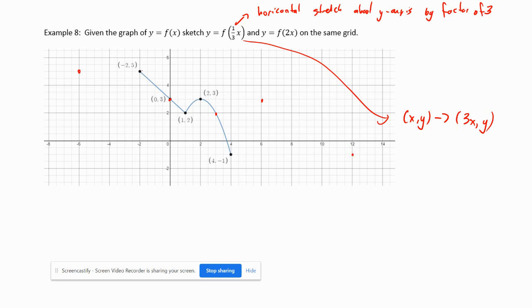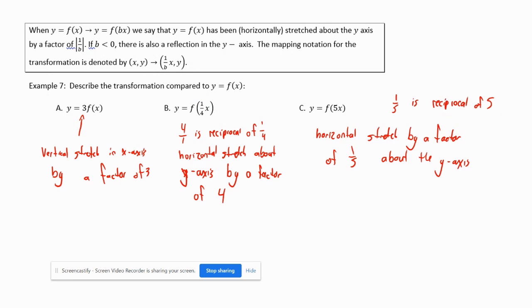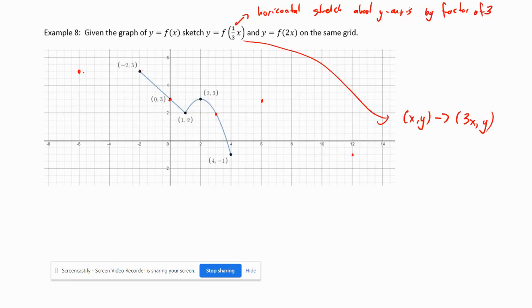Okay, so this graph is going to look like a straight line through here like this, and then a curved part like that.